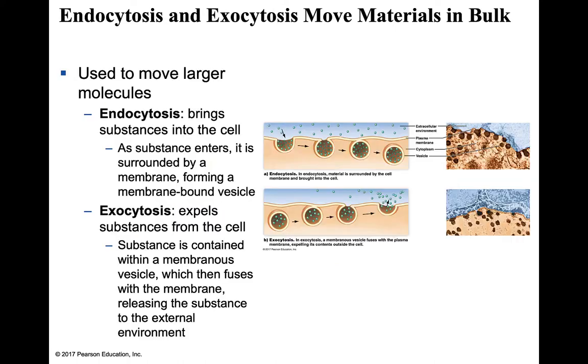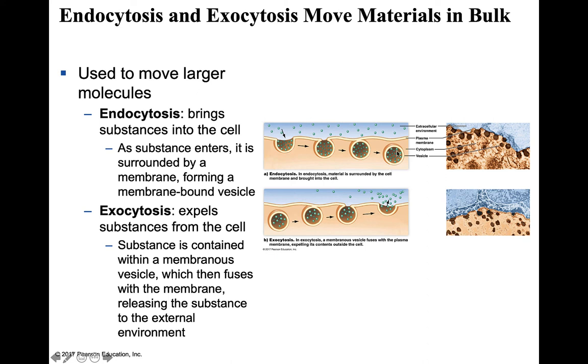Now, I talked a little bit about endocytosis versus exocytosis. Now, this is just using a vesicle to move things into and out of the cell. So here notice I've got a bunch of this stuff and it's creating an invagination in the cell membrane. And notice what happens. It gets deeper and then the membrane kind of closes off and it clips off.